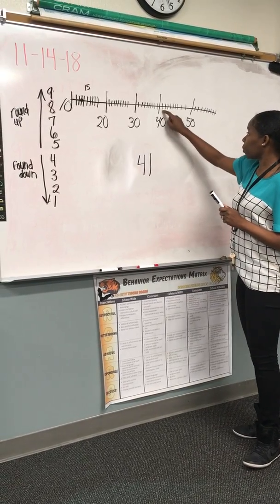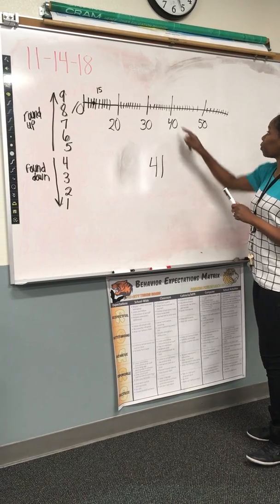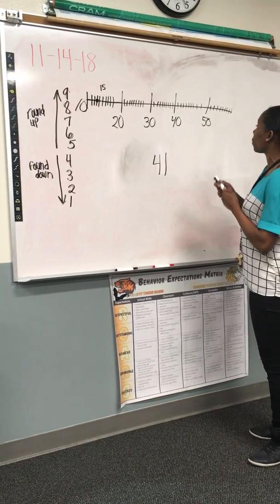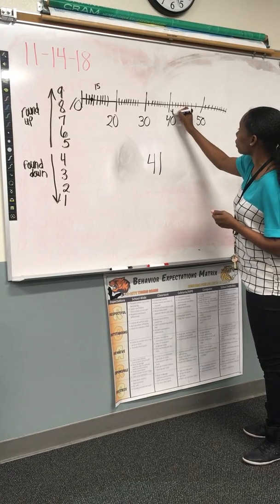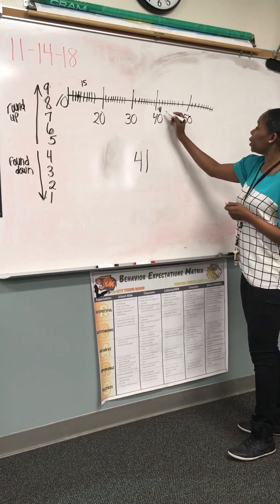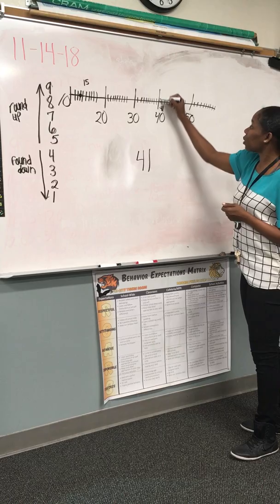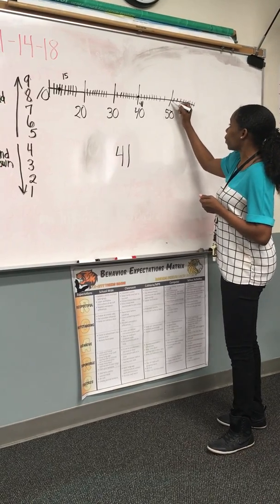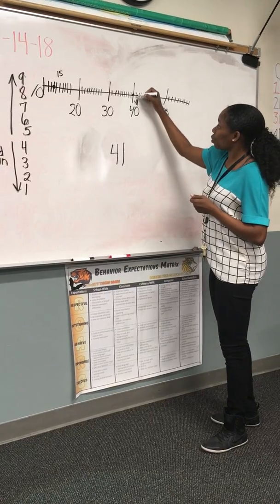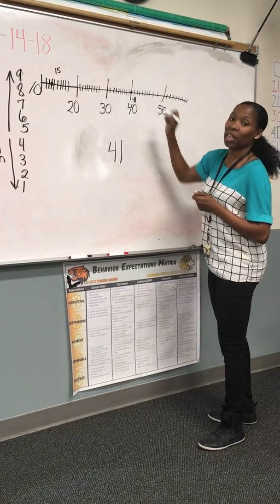So we have 40, and 41 is right here, right? 41, 42, 43, 44, 45, 46. So 41 is here. And the nearest 10 to 41 is 40. Look how many spaces away we are from 50. 40 is closer to 41, so we're rounding to the nearest 10.